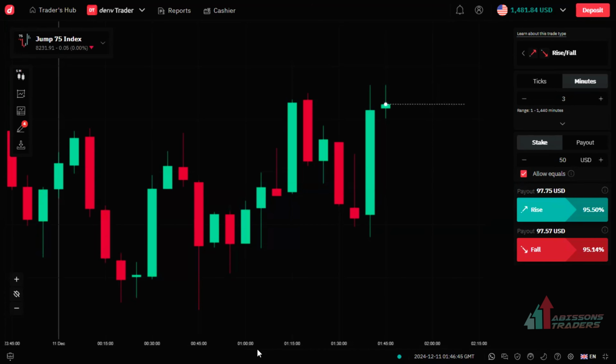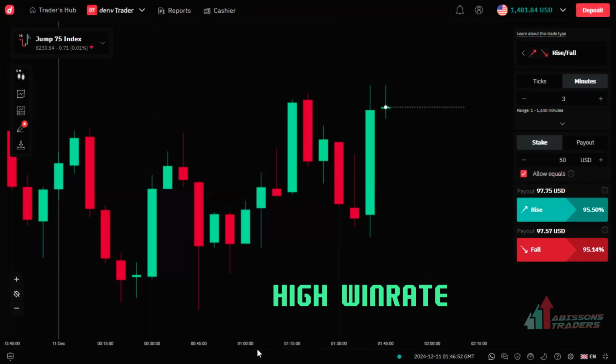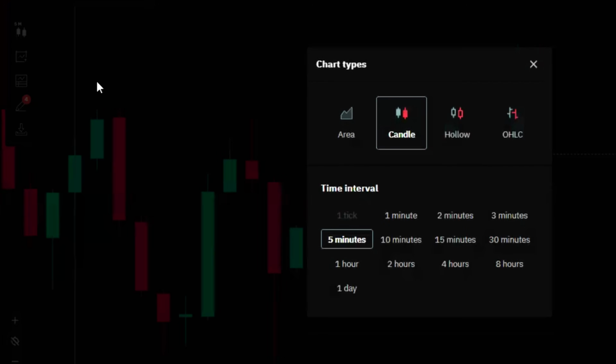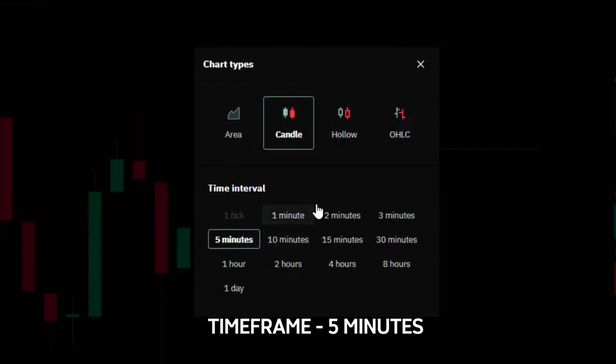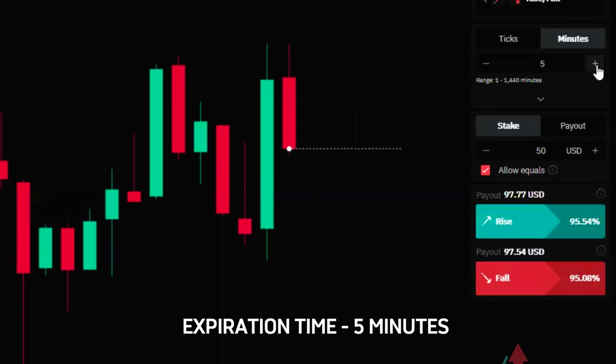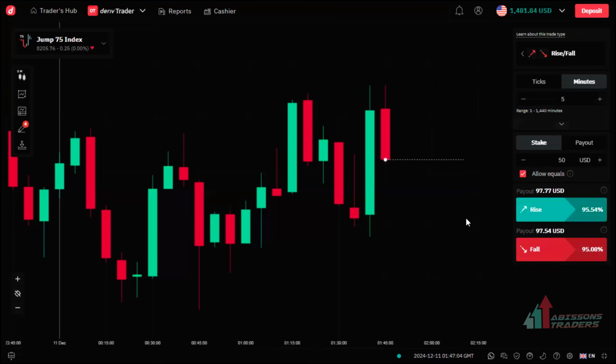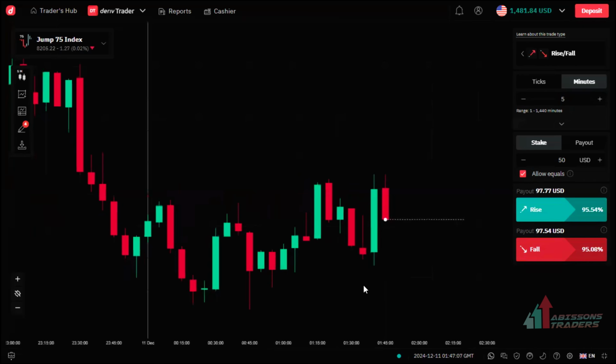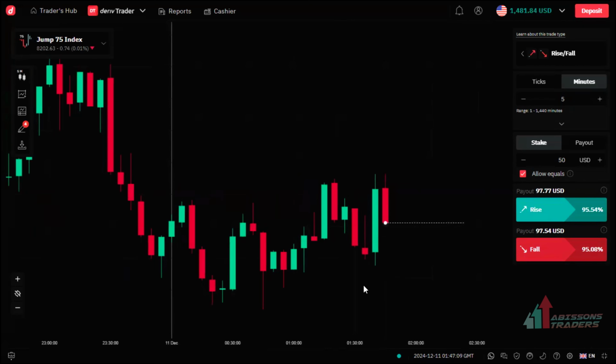So now let me analyze this market and use these 2 entry strategies and see which one has a high win rate. So first of all, let me change the time frame to 5 minutes, and the expiration time to 5 minutes as well. After that, I can now start analyzing the market, and as you all know, I only use price action to analyze the chart.